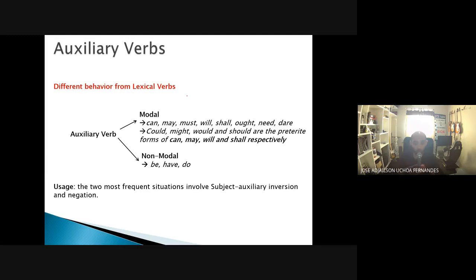What should I do? I should test two paraphrases of the clause I'm dealing with. The first paraphrase is its interrogative version, and the second paraphrase is its negative form. If the verb takes not, and if the verb is also inverted to form questions, then it's an auxiliary. If it's an auxiliary, it is either be, have, and do, else it's one of these modal verbs.